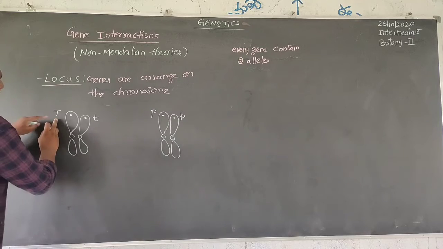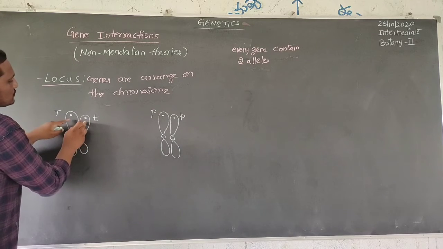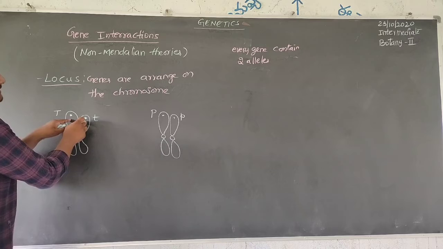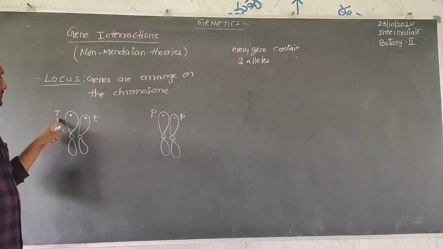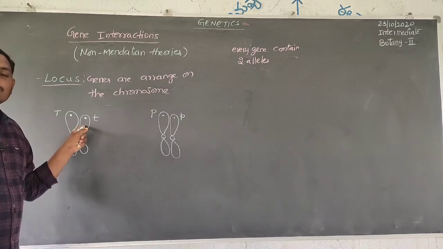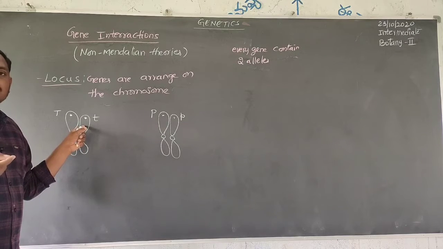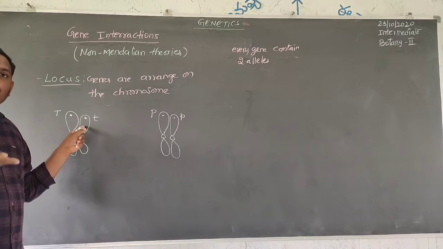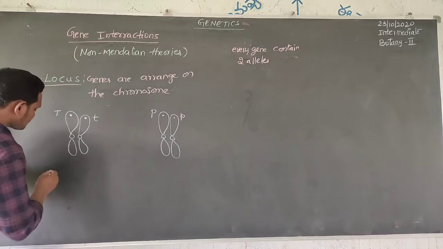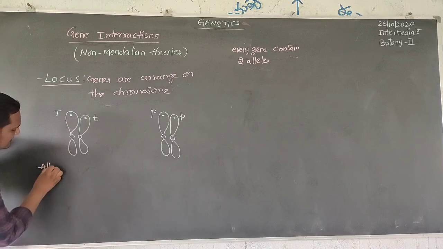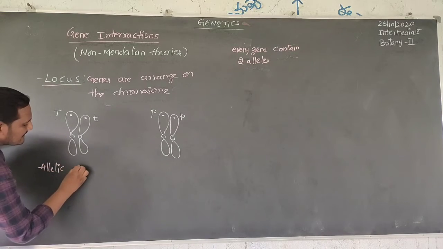In case of capital T and small t, these two genes generally interact with each other. It means the genes of the same homologous pair of chromosomes interact with the same homologous pair of chromosomes, that is allelic interaction.